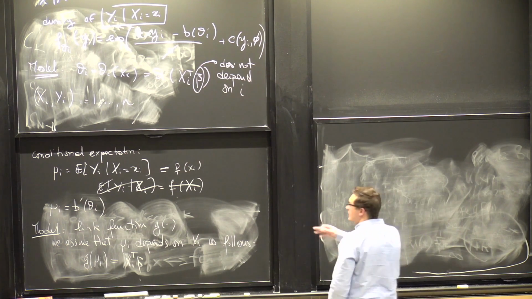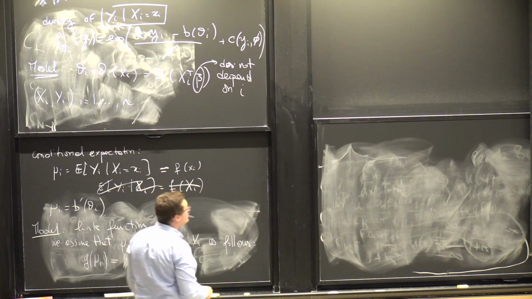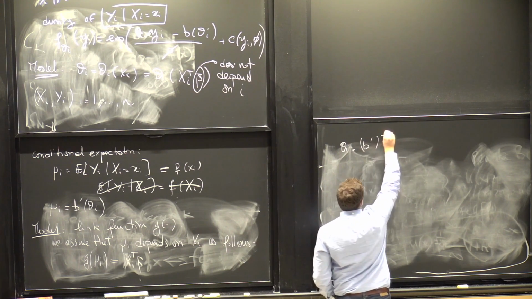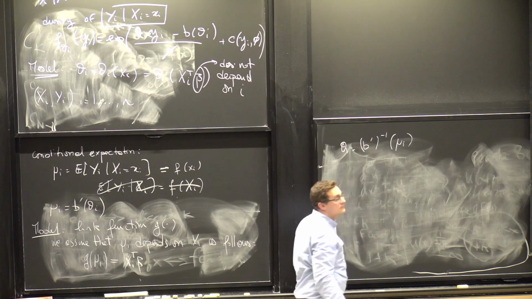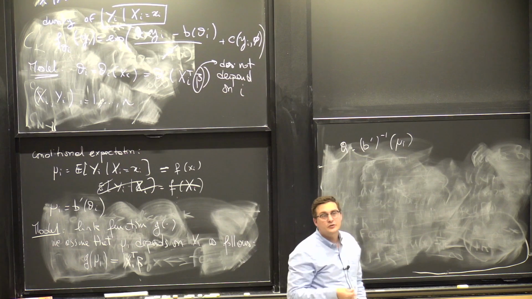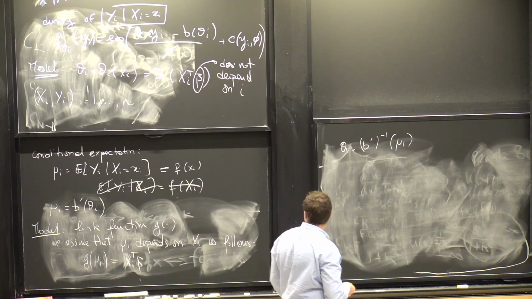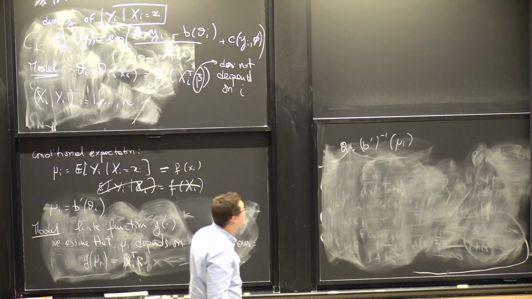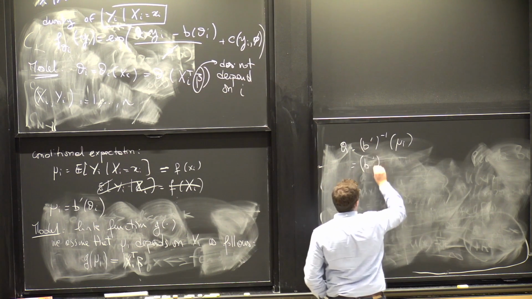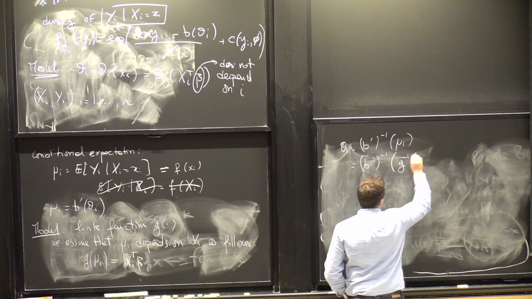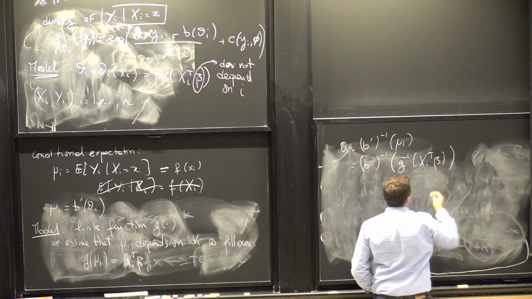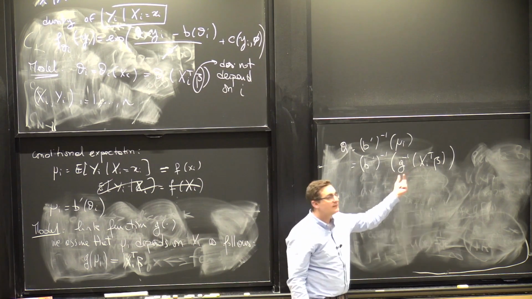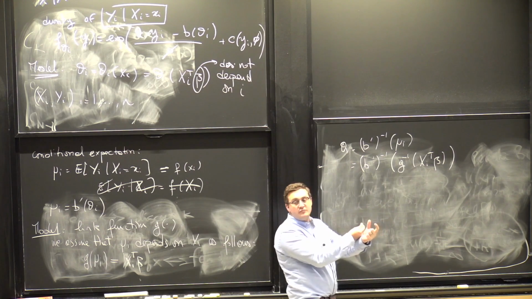So what I know is that mu is b prime of theta, which means that theta i is b prime inverse of mu i. Okay? That's what we got from this derivative of the log likelihood equal to 0. I invert it. And now I know that mu i is g inverse of xi transpose beta. So this composition of b prime inverse and g inverse is actually just the inverse of the composition of g with b prime.